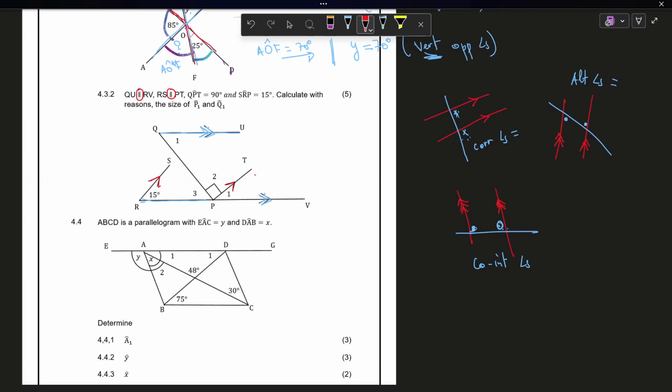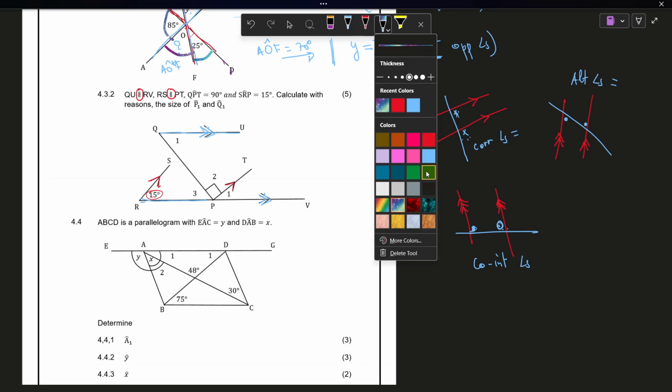Where can we already see something, a pattern? If this is 15 degrees, right? We've got 15 degrees there. Where else do we have 15 degrees? It means, where do I see an F? Can I see an F? Let me use another color, probably a green color.